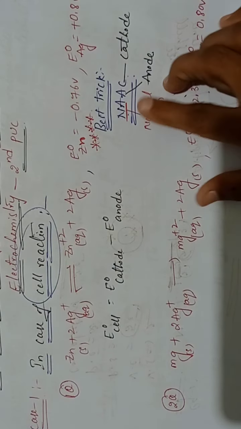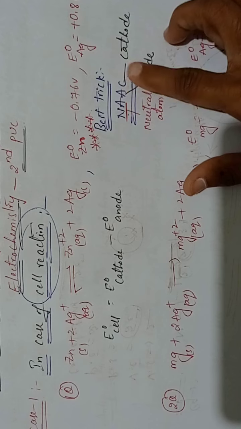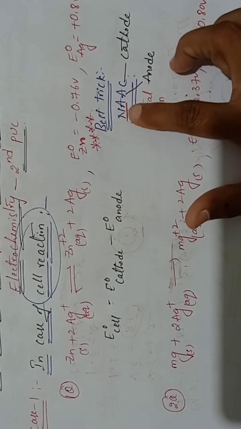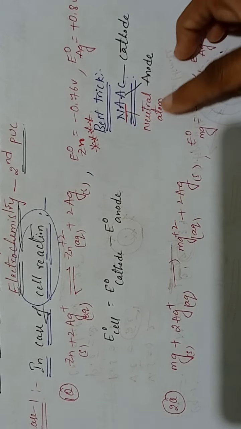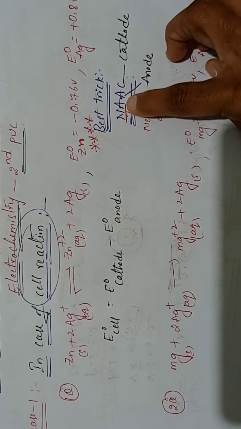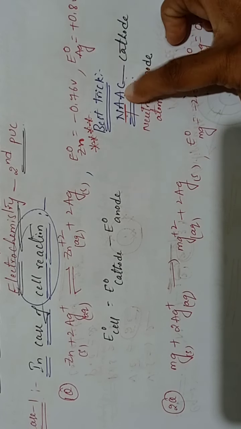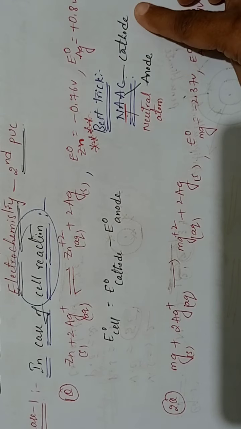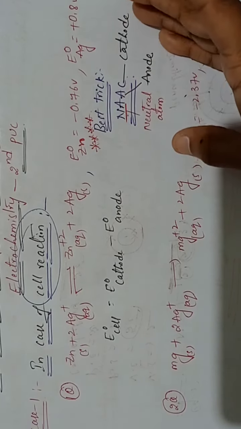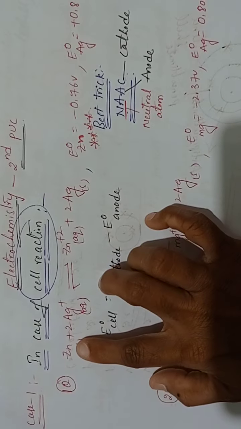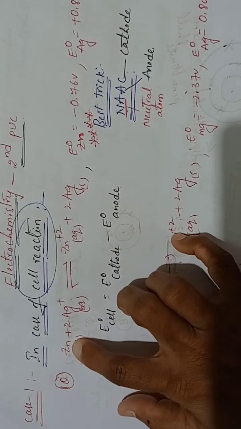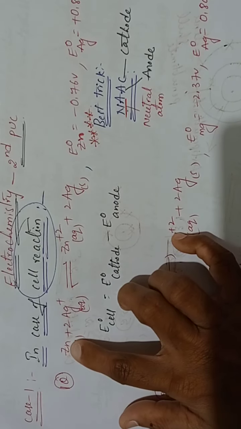Now see, students, in this trick, NAAC, NAC: N means neutral, A means atom, so neutral atom. Then A means anode, C means cathode. In the cell reaction, which is the neutral atom? A neutral atom is not having any charge.